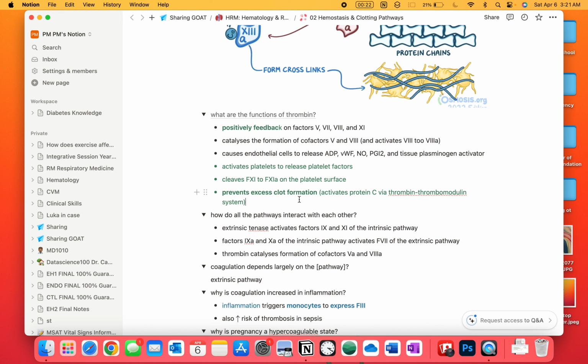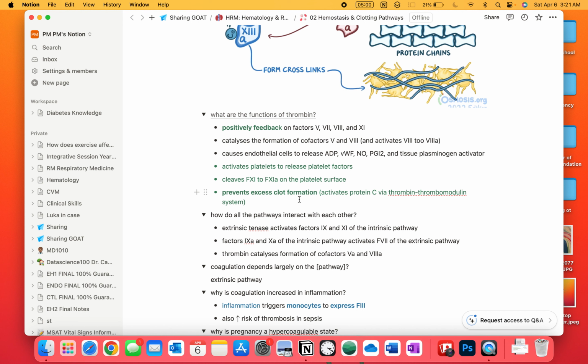The extrinsic tenase activates factor 9 and factor 11 of the intrinsic pathway. So the tenase that you form with 3, 7, and then 3, 7, 8, 10, it's going to activate factor 9. Factor 9 is important because remember, you're going 12, 9, and then you're going 9, 8A, calcium, PL of the intrinsic pathway.